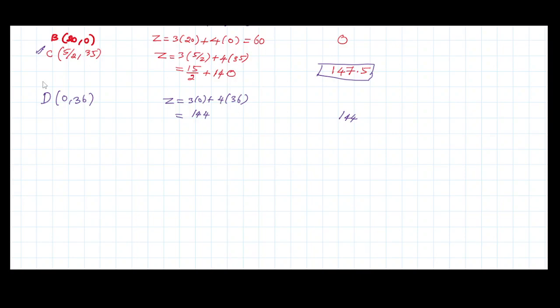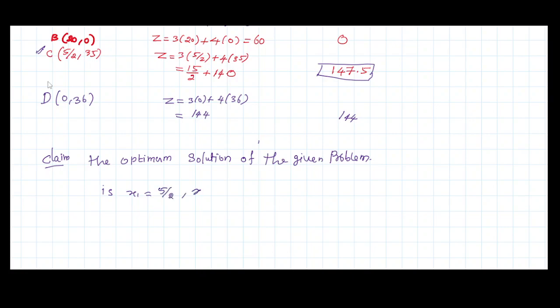Therefore the optimum solution of the problem is x1 equal to 5 by 2 and x2 equal to 35.